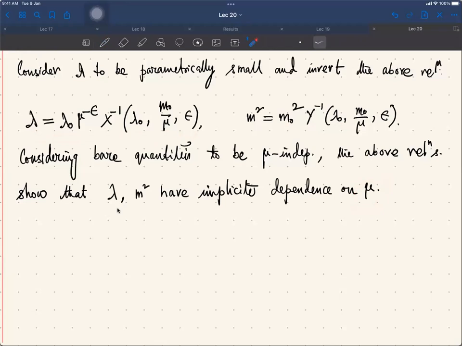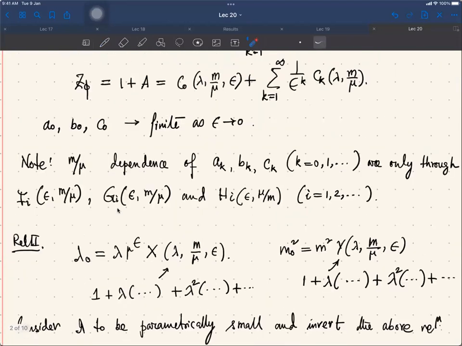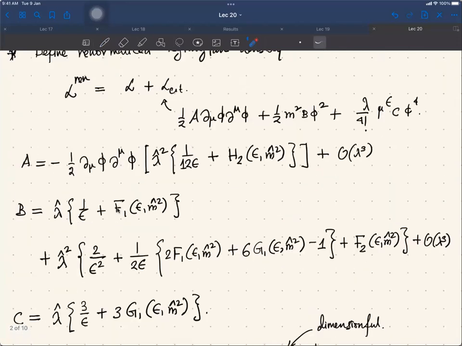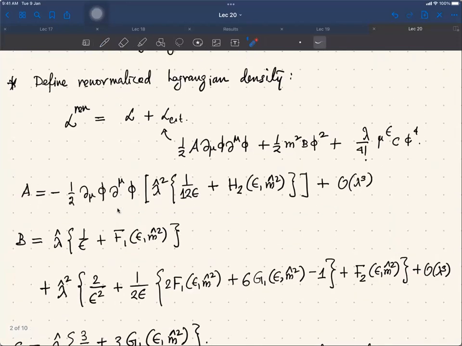So after getting to this structure, what we should appreciate is that this counter term cancellation of the divergences, when we introduce that, is something that is true for all types of regularization. When we say that there's a UV divergence, the divergence comes from the infinite momentum region, and this does not depend on a scale.